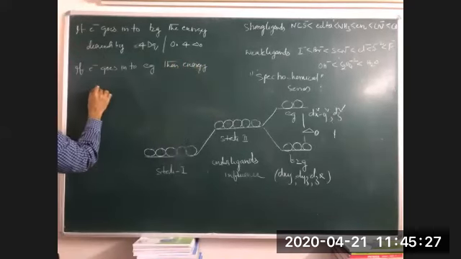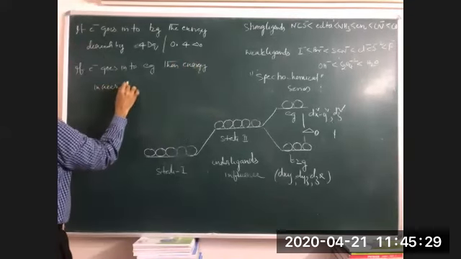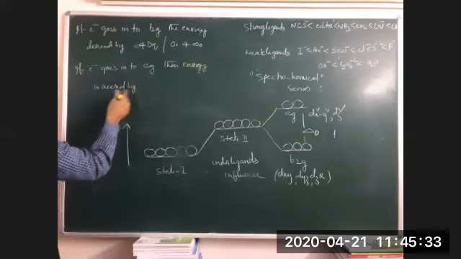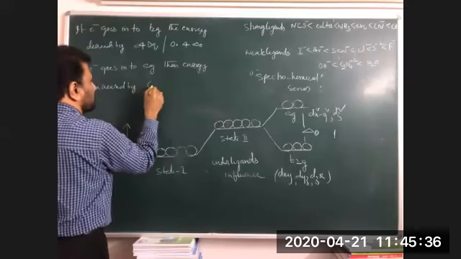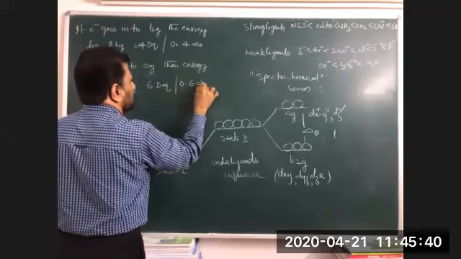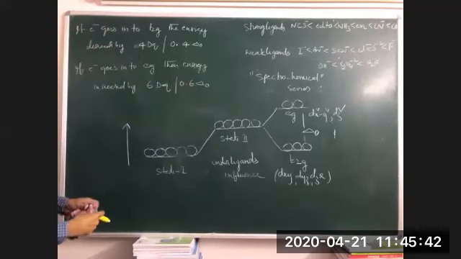In the energy diagram, if it goes down the energy decreases, and if it goes up the energy increases. Increased by 6 dq, or 0.6 delta O. Simple.